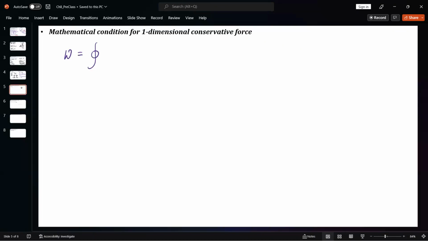The integral along the closed path of F dot dr, the net work done, is actually zero. Since I'm working in the one-dimensional case, the dr vector is just dx, or it can be dy. The r vector can be just dx for x-axis motion, dy for y-axis motion, or dz for z-axis motion. This d means an infinitely small amount of change, right?